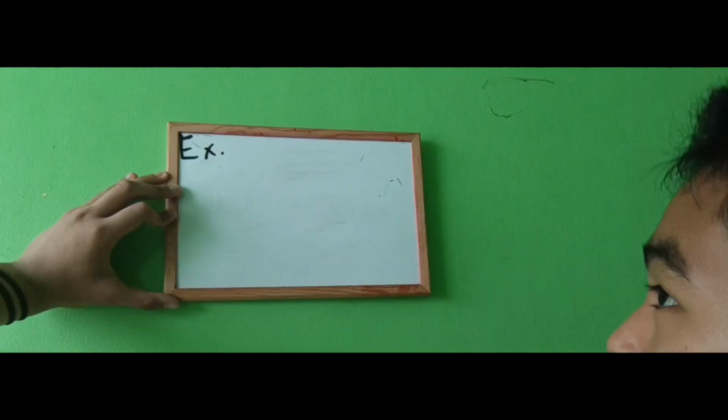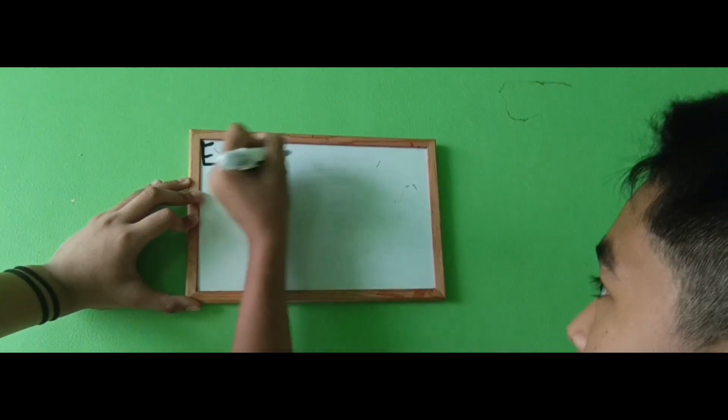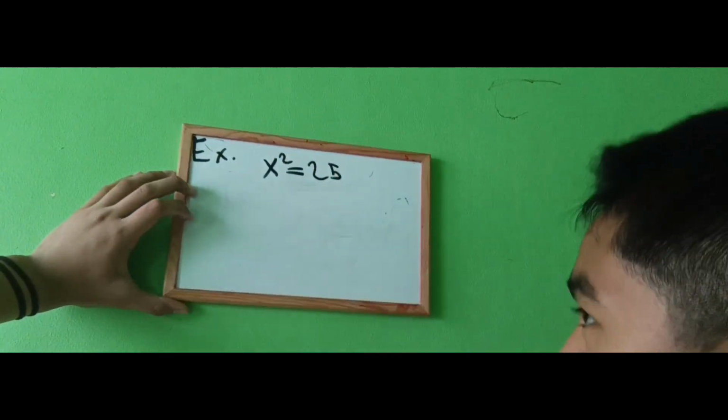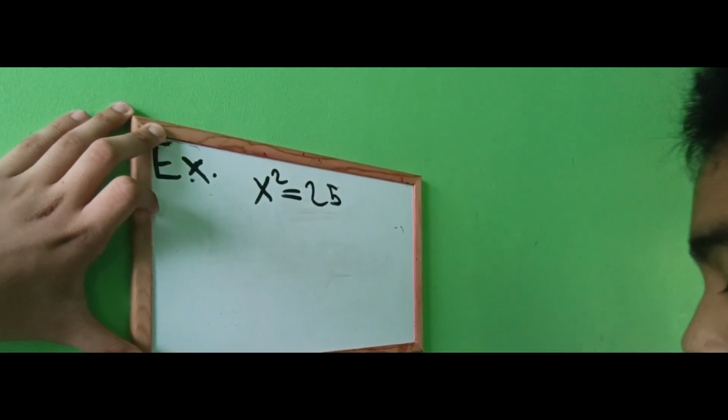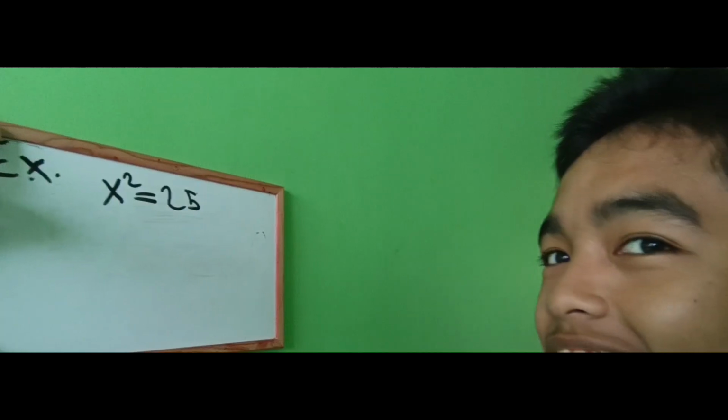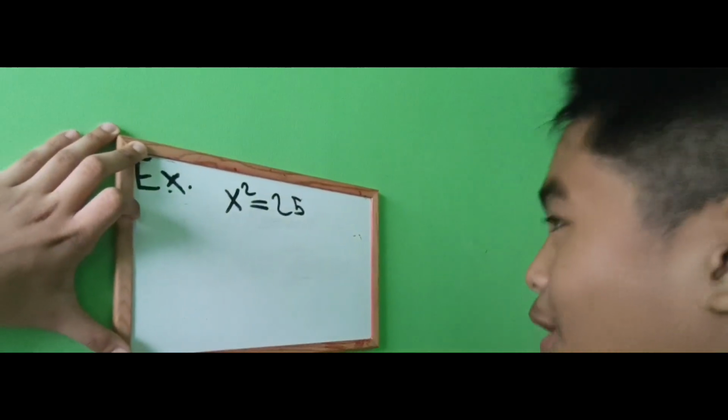So the first method is extracting the roots. In order to solve a quadratic equation using the extracting the roots method, we need to take the square root of both sides and simplify to get the result. An example of this method is x squared equals 25. First step, we need to find the square root of both sides.